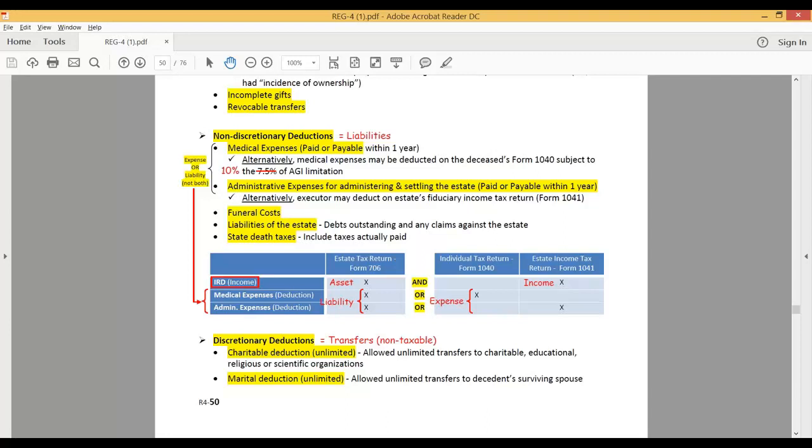Now, it can go on Form 706 or on the final individual income tax return of the deceased person, Form 1040. Administrative expenses can be taken on Form 706 or it can be taken on Form 1041. So again, these are expenses that are paid or payable within a year's time. Okay, so you have the discretion of including it either on 706 or 1041, but not on both.